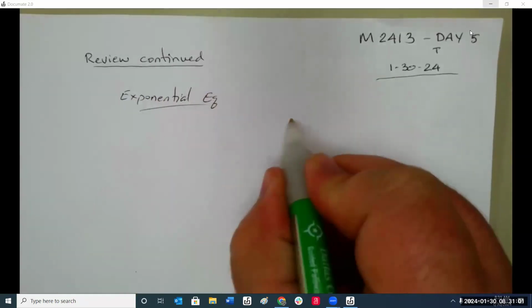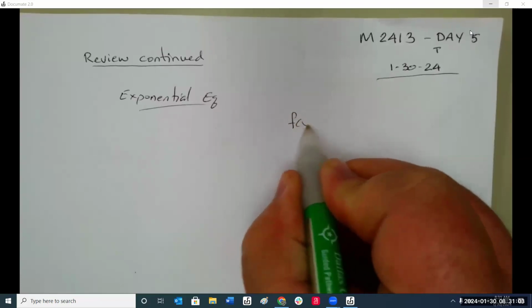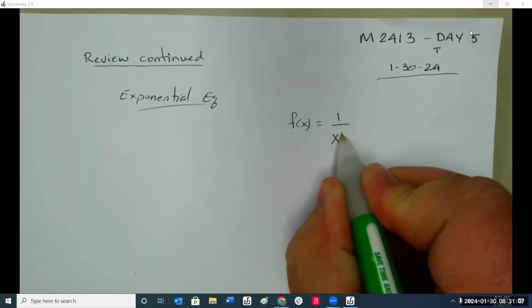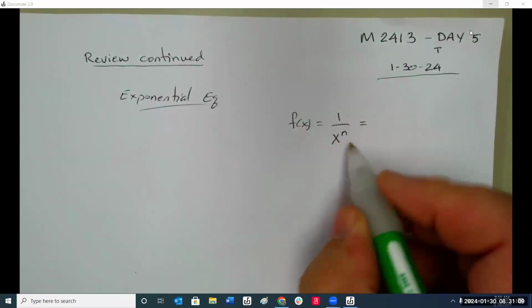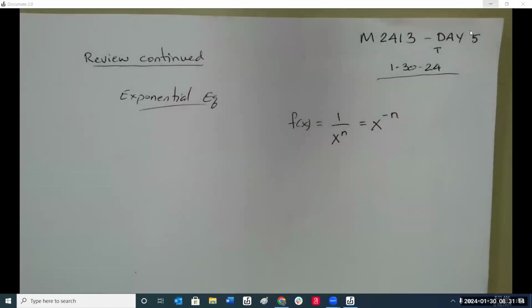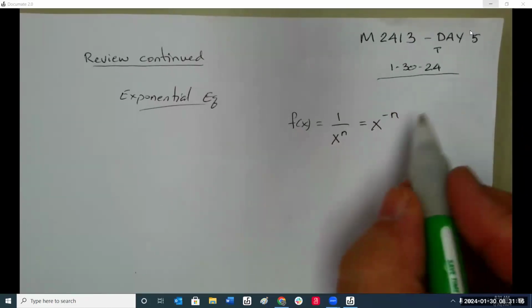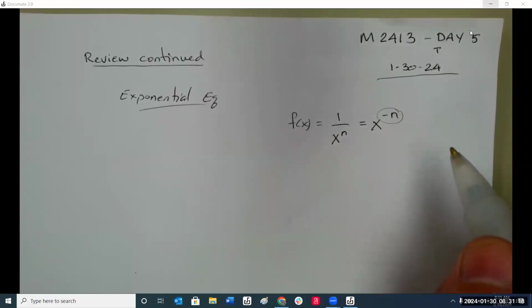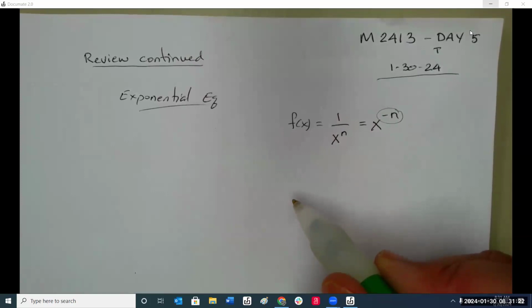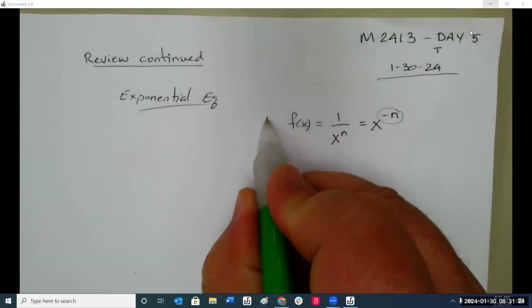So the rule we have to live by here is this. If you have x on the bottom and you want to bring it up on top, just change the sign of the exponent. If you have a negative exponent, it doesn't make the answer negative, it simply makes it very small. That's the first one.